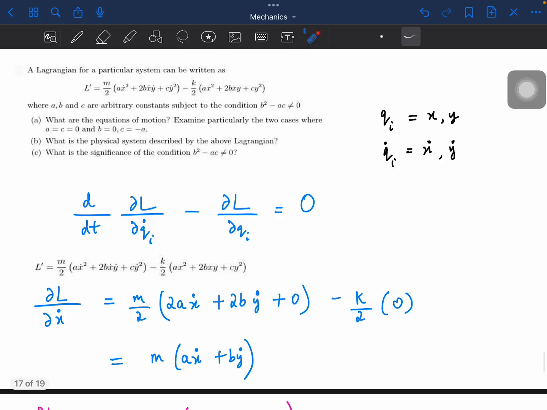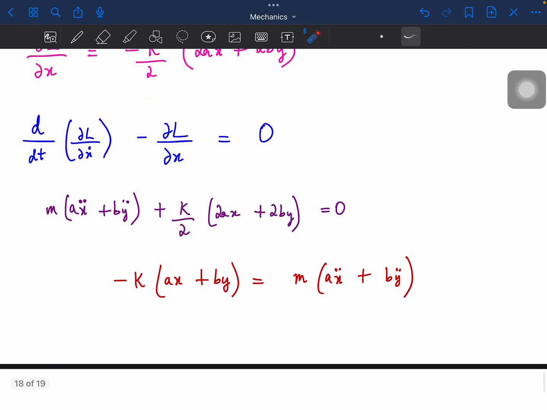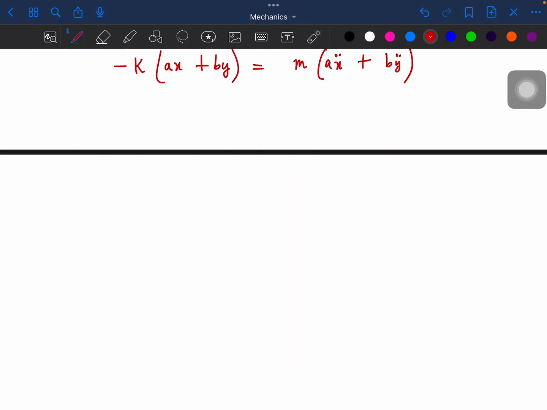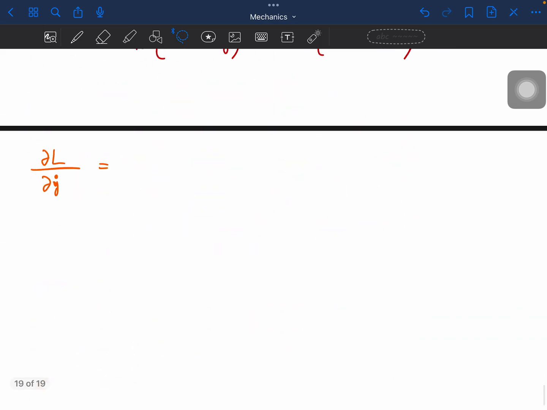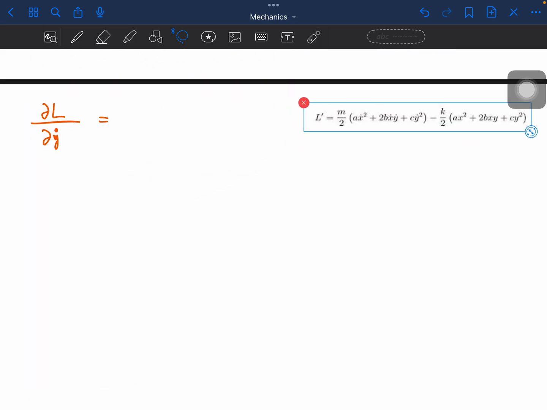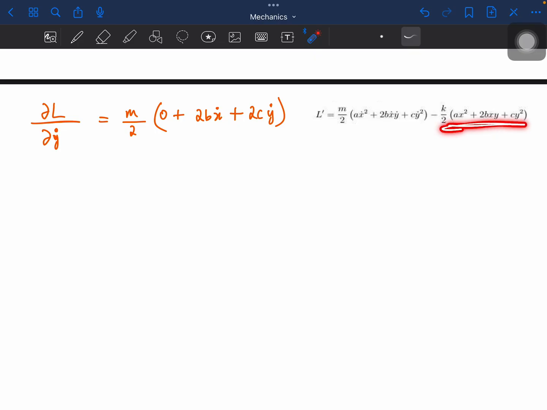Now what is the next variable we have? We have y. So the next Euler-Lagrange equation we form is with respect to y and y dot. Similarly, we will get ∂L/∂y dot: it will be m/2 times (0 plus 2b x dot plus 2c y dot), and the rest of the terms will be 0 because there is no y dot dependence in them.